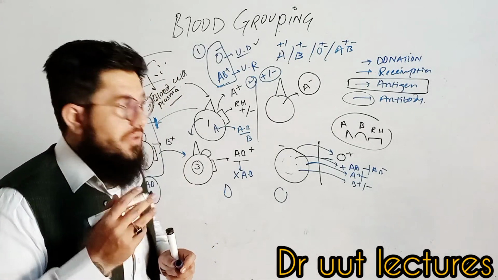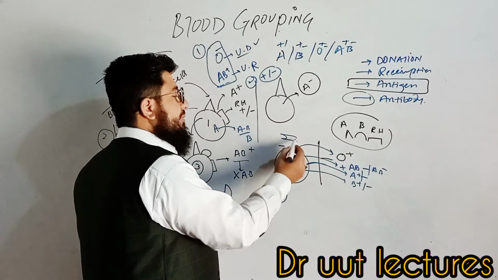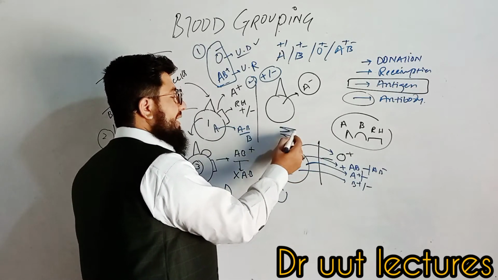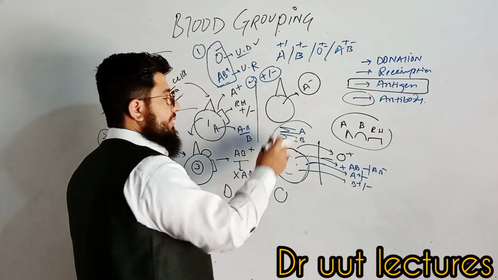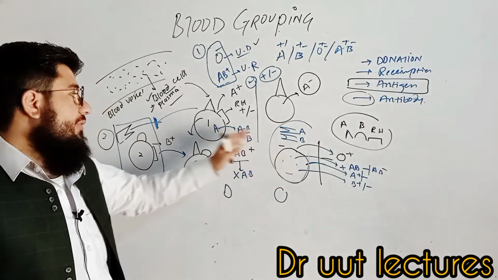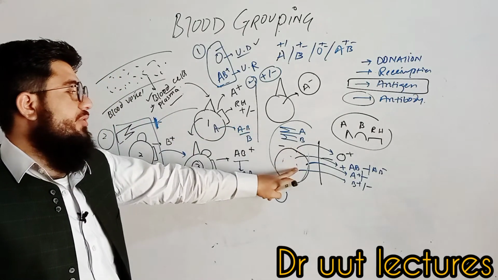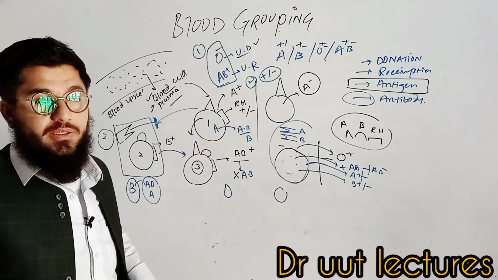What is the reason behind it? The reason is very simple. It has both types of antibodies, whether it is B or A. This is type A, type B. Both antibodies are available with this particular person. So if you give A blood group, this blood group will interact with that group and destroy it. There will be clotting.